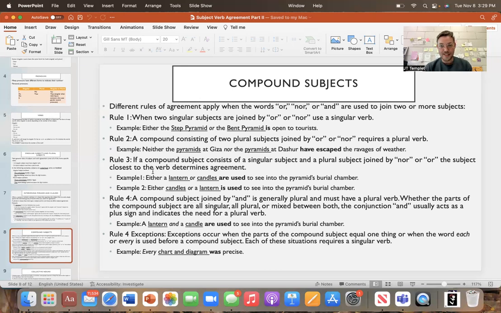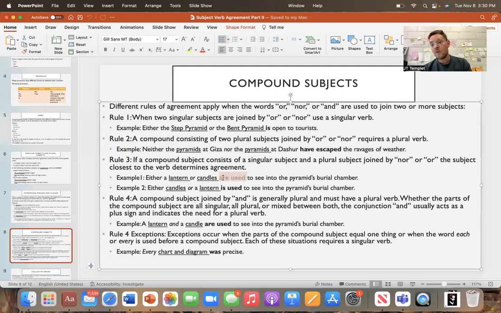So look at these two sentences. They're identical except for being flipped on each side of or. Either a lantern or candles are used to see into the pyramid's burial chamber. Notice in this one we're using the plural because candles is closer to the verb. However, in this one, either candles or a lantern is used. We say is, singular, because lantern, singular, is closer.